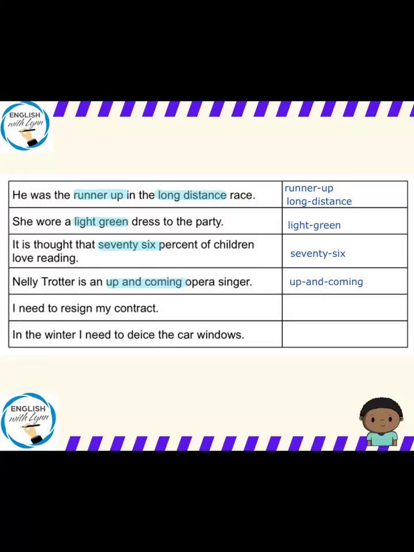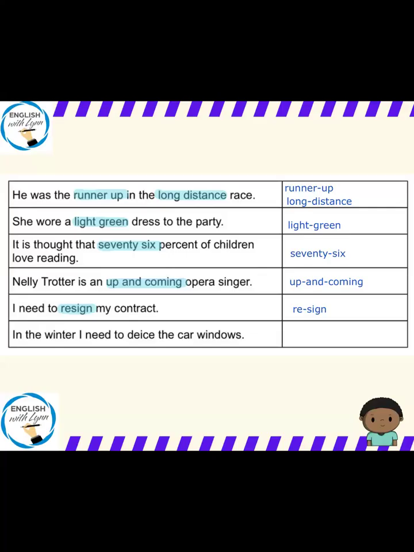So instead of putting it as one word, because I don't want to leave my job, I want to keep the job, what I have to do is put re-hyphen-sign. Okay, and this is one that gets very confusing, because if you don't put the hyphen, the meaning is totally different with the resign.